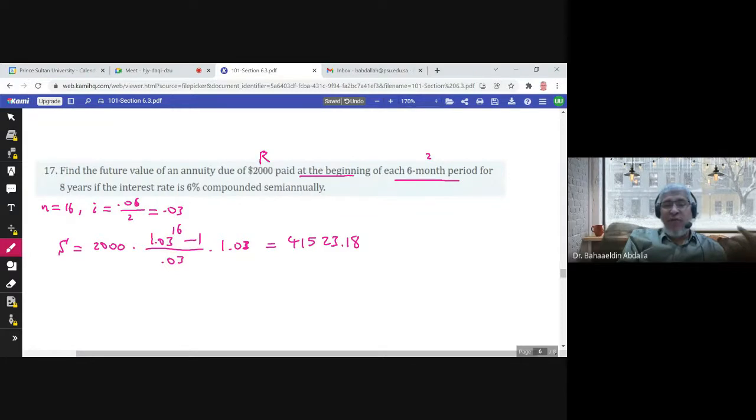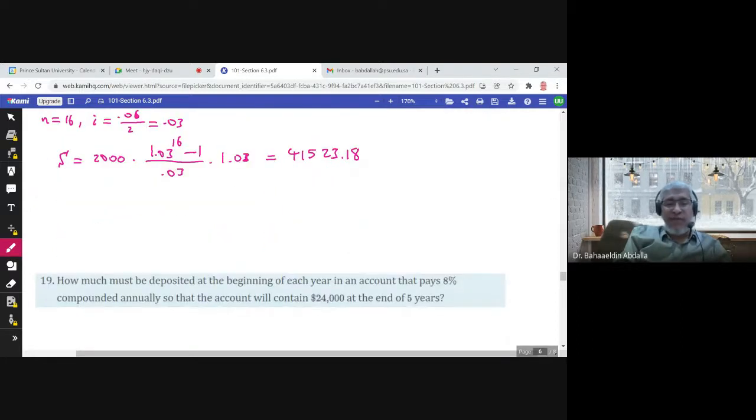So if you pay $2,000 twice a year for 8 years, you paid 2,000 times 16. This is the amount you paid. So it is 32,000. So this should be, of course, more than 32,000 because compounded semi-annually, you will get interest.